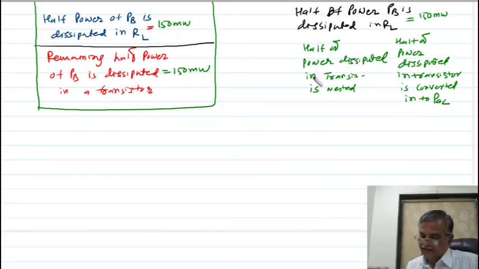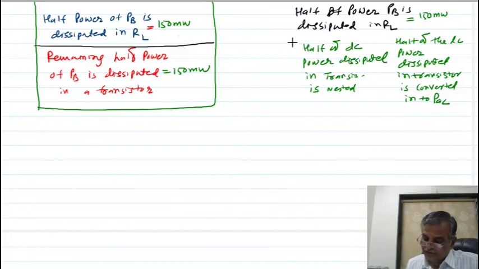Half of the DC power dissipated in the transistor is wasted. Half of the DC power dissipated in the transistor is converted into AC.